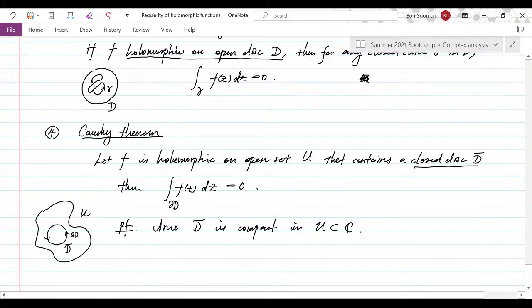This is a separate proof, but there exists some other open disk, let's call this D prime, such that D prime contains this D bar, and it's also in U. Okay, so this is D prime.